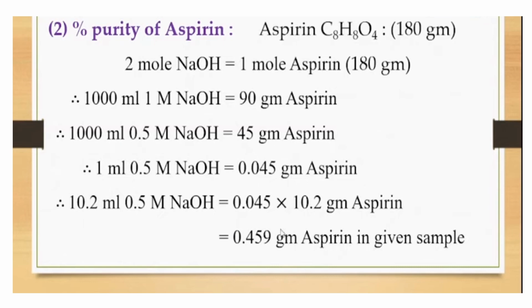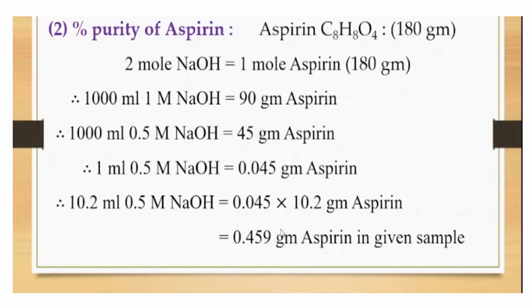Therefore, 10.2 ml of burette reading of 0.5 molar sodium hydroxide is equivalent to 0.045 gram of aspirin times the burette reading volume, that is 10.2 ml. So the amount of aspirin in the given sample becomes 0.459 gram.